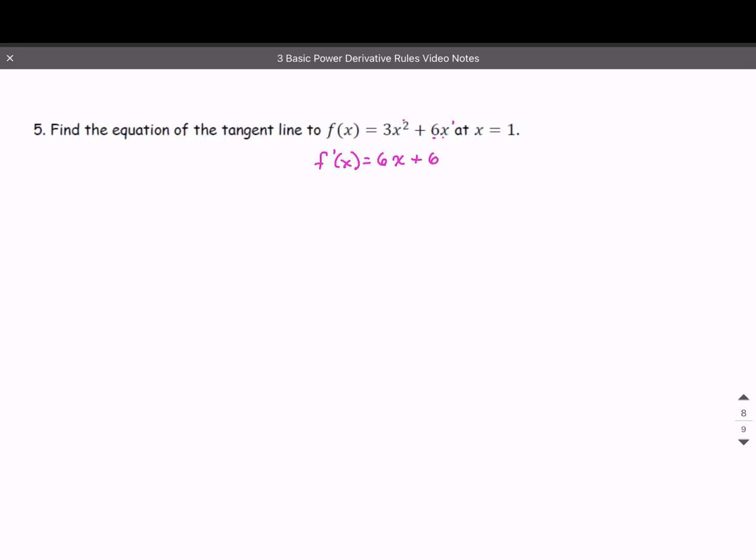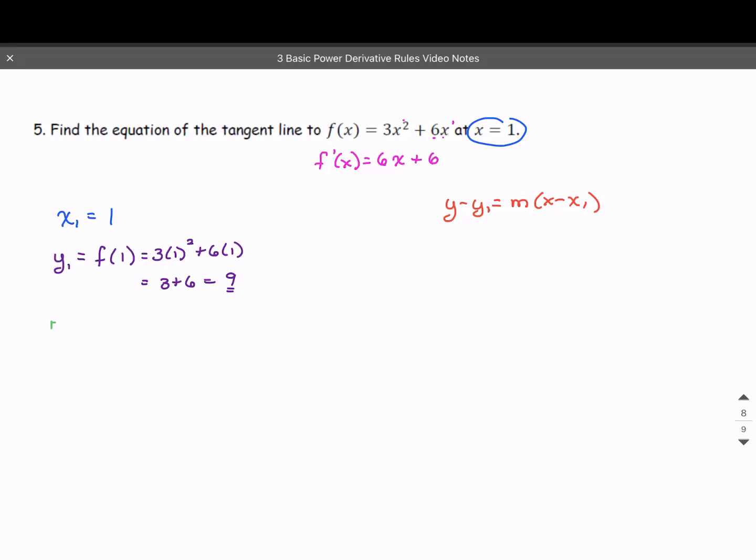We know that a tangent line is y minus y1 equals m times x minus x1. We now know that our x value was given to us at 1. Our function value is found by plugging the x value into the original function. So 3 times 1 squared plus 6 times 1. That's 3 plus 6, or 9.